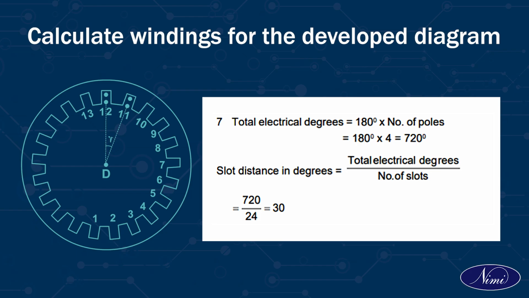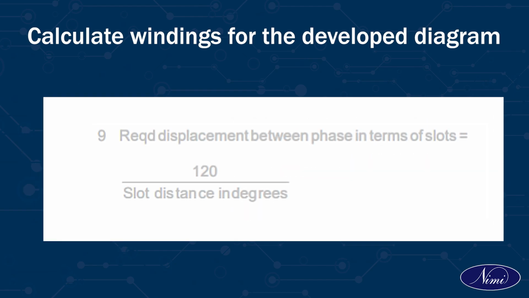7. Total electrical degrees equals 180 degrees into number of poles, equals 180 degrees into 4, equals 720 degrees. 8. Slot distance in degrees equals total electrical degrees divided by number of slots, equals 720 divided by 24, equals 30. 9.